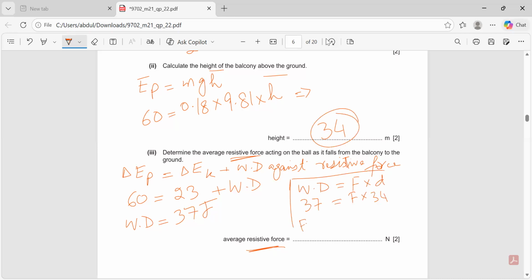So F will be equal to 37 divided by 34, which is almost 1.1 Newton. So I'm writing here 1.1 Newton.